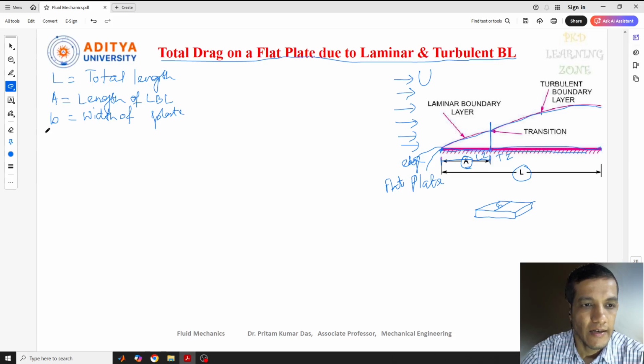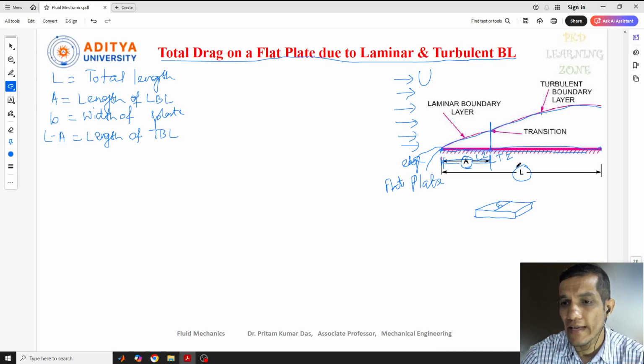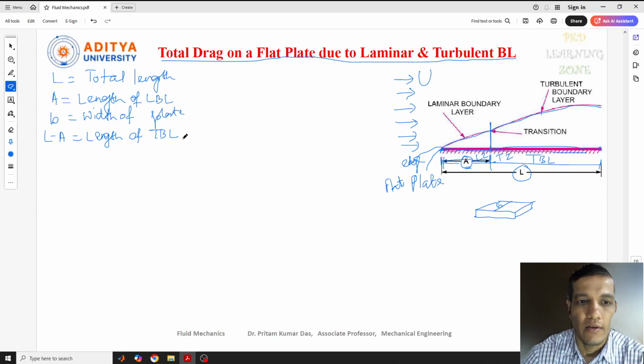So if I subtract the length of the laminar boundary layer from the total length, the remaining part is the length of the turbulent boundary layer. I hope you understand. So this is the length of the laminar boundary layer, the total length is L, and the total remaining length will be the turbulent boundary layer if the transition region is negligible.